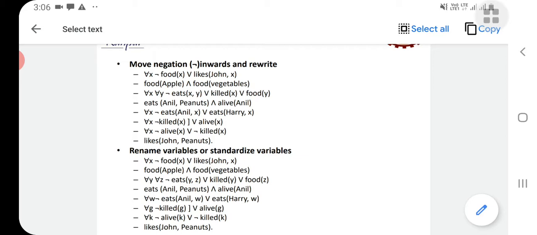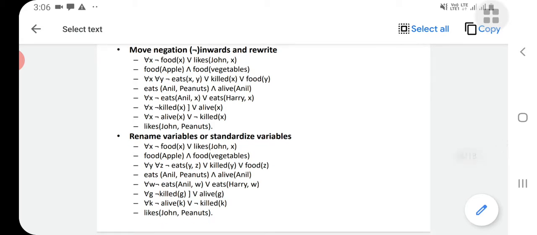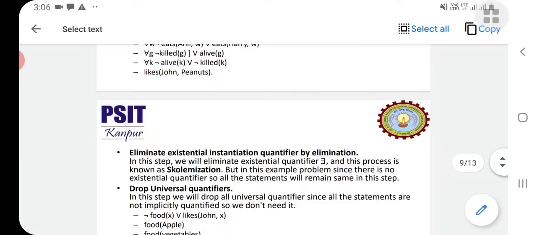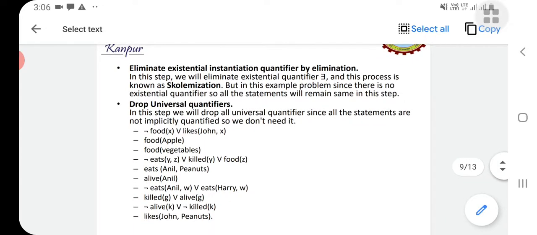The next step is to rename or standardize variables. Let's suppose we are using x and y everywhere. You can rename variables: in the first we use x, in the second apple and vegetable, in the third y and z, in the fourth Anil and peanuts, then w, g, k. So we are using standardized variables. After that, you can eliminate existential quantifiers.